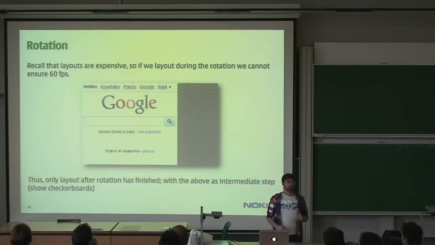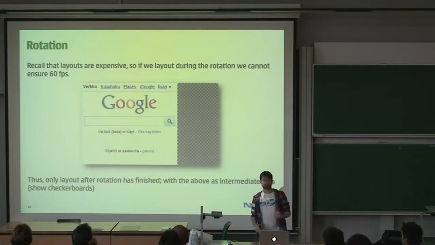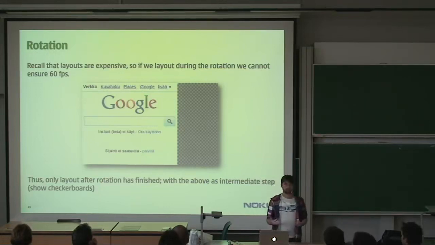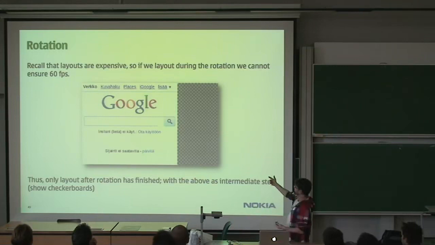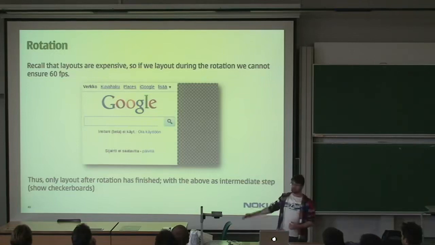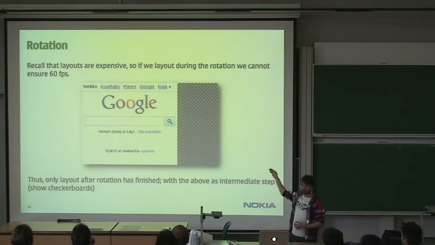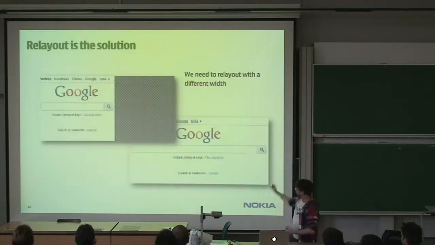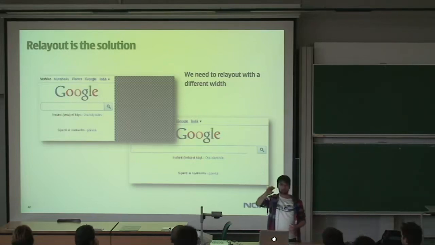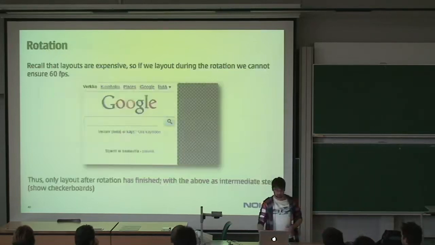But we don't want to do these relayouts while we're rotating, because then we can't ensure 60 frames per second. So we have the above as a middle step. We rotate it, we keep the content as it is, just paint some checkerboard or something similar where there's no content, and when you finish, you relay out. So you get a smooth rotation animation, and then you get the content that you want.